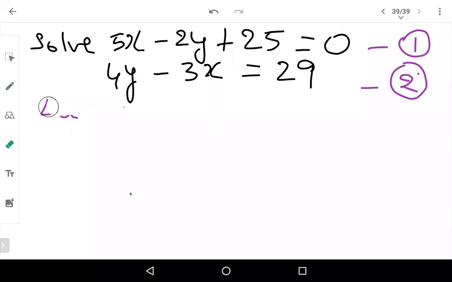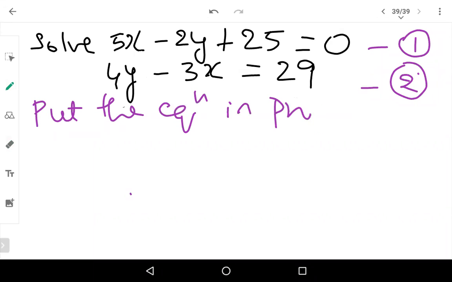Put the equations in proper form. Good Spurti, good Lakshmi, you're giving it a try. Others also can try and put the answer in the chat box.